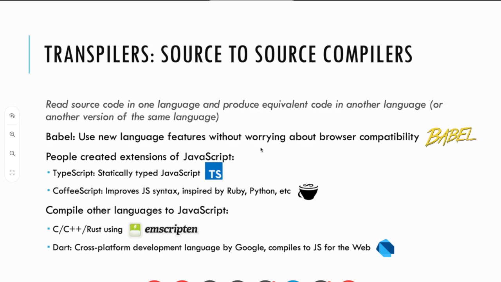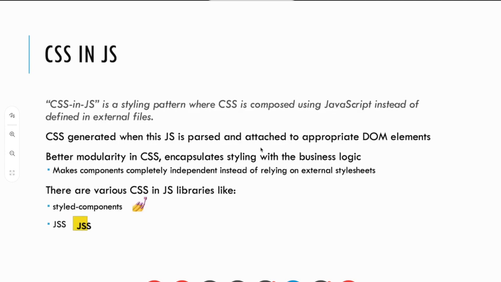And I'm going to talk more about this in a bit as well. And then Google also introduced Dart, which was its own language, which it used for cross-platform application development. And when a Dart application would compile to the web, it would compile to JavaScript using a transpiler.